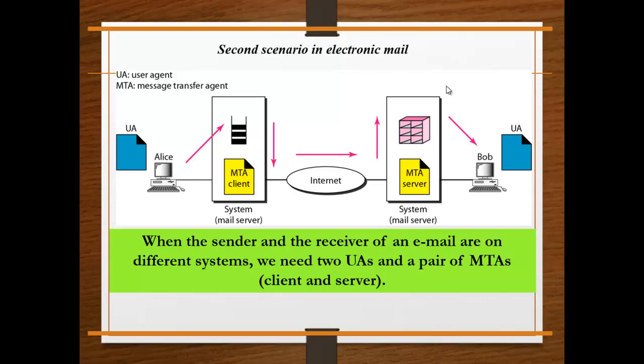Alice can directly access the mail transfer agent and Bob can directly access the mail transfer agent. This is the meaning of same system. So she stores it in the client first and the client transmits it. The MTA client will transmit it over the internet to the MTA server, and in the server it will be stored in the mailbox, and Bob will retrieve the information from the mailbox using the user agent. This is the second scenario.